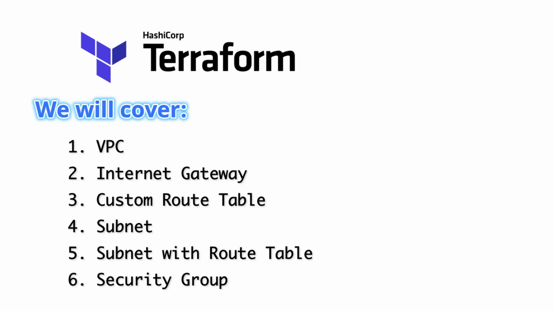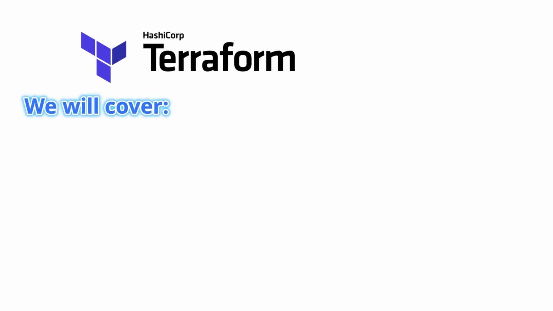Third, we will create a custom route table. Fourth, we will create a subnet. At 5, we will associate the subnet with the route table. At number 6, we will create a security group to allow ports 22, 80, and 443.